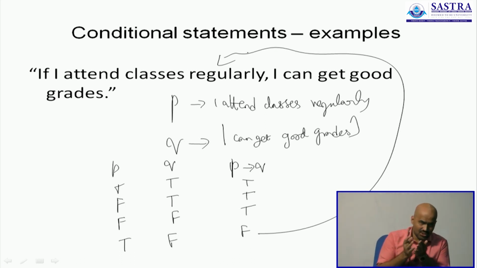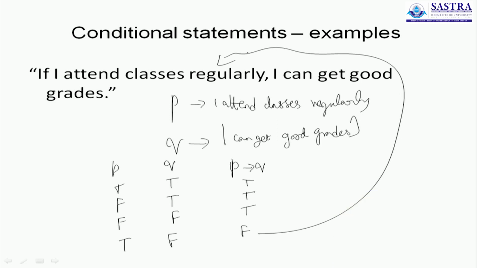Just like a conjunction, just like a disjunction, just like an exclusive OR, this is also a connective which combines two statements. How does it combine them? Depends on their individual truth values. This connective will take up a true value in all of the possible cases except one in which the hypothesis takes a true value but the conclusion takes up a false value, and that cannot happen. Only that situation calls for a false answer.